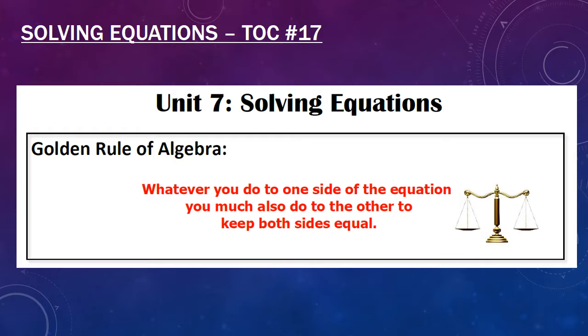So again, the golden rule of algebra is whatever you do to one side of the equation, you must also do to the other to keep both sides equal. And I want you to circle that scale right there. That is just to remind you that you need to keep things equal and in balance. So go ahead and put a circle around that scale on the right.